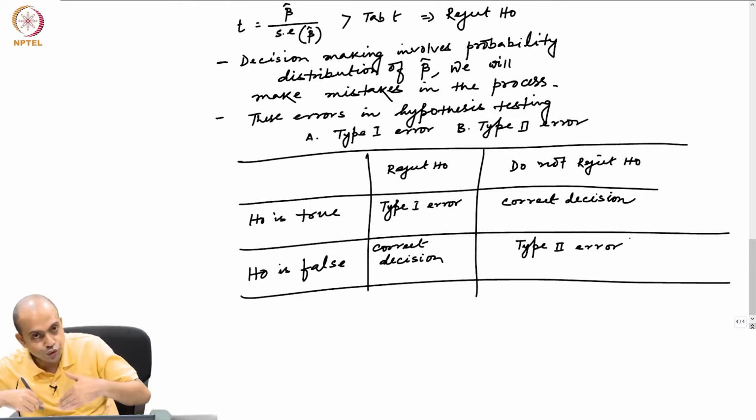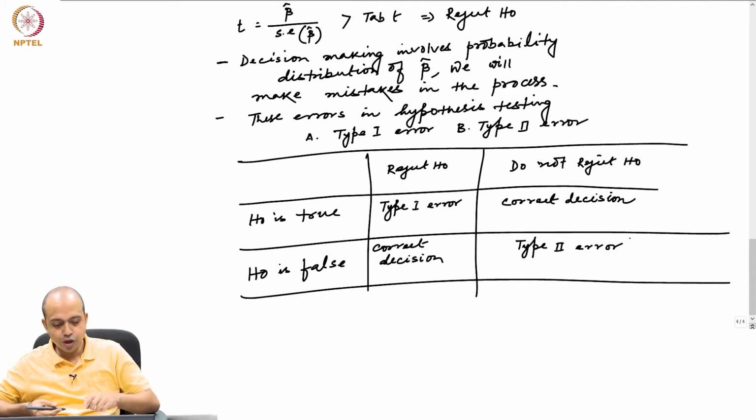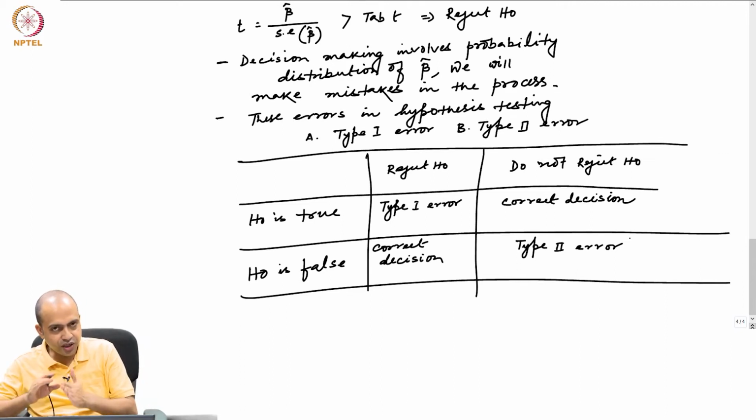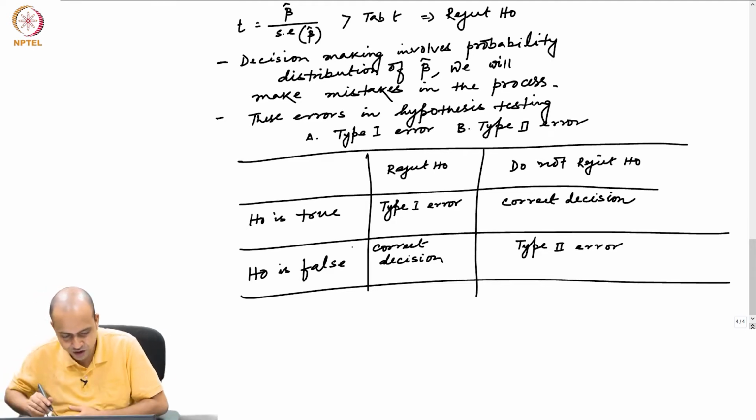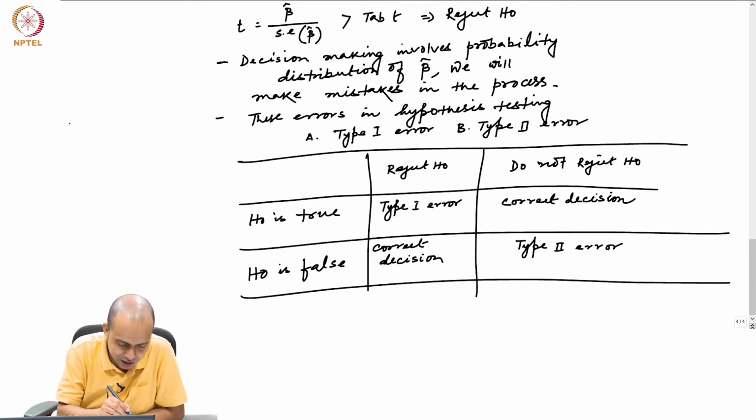So, that means how do you remember type 1 and type 2 error? Type 1 error is rejecting the null when it is true, and type 2 error is do not reject your null when it is not true. This is how you have to remember.